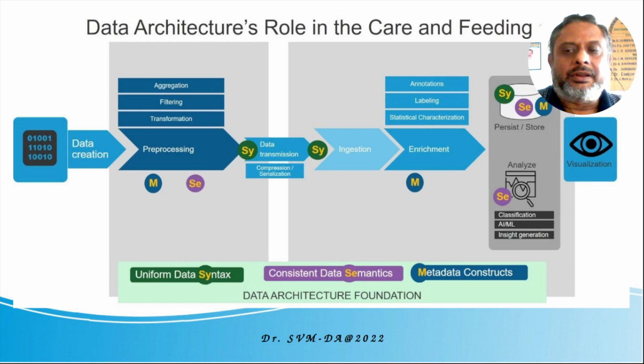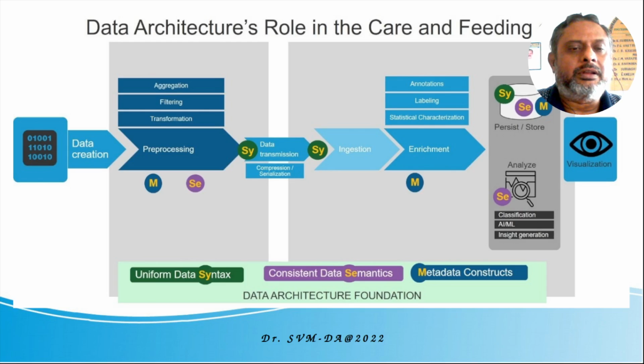Now the journey, it's from the data creation to the customer. How does the journey take place? So the data is created, and this data is available in multiple forms, multiple sources.